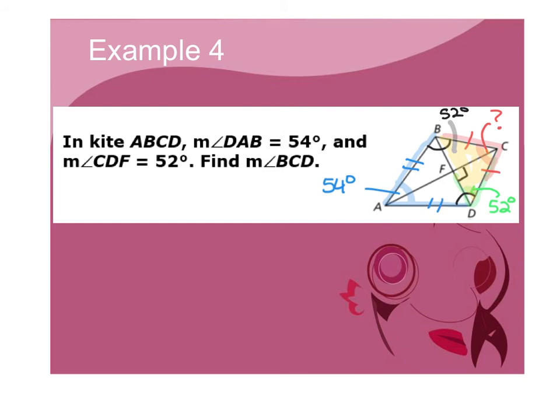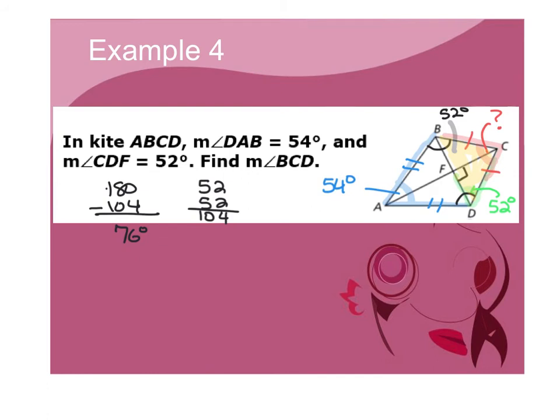So now I can figure out what I've got going on here. So far, I could do 52 plus 52, and I get 104. And then I can subtract that from 180, giving me 76 degrees, which is the measure of the angle I'm looking for.